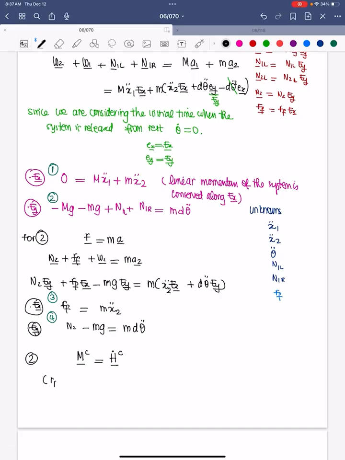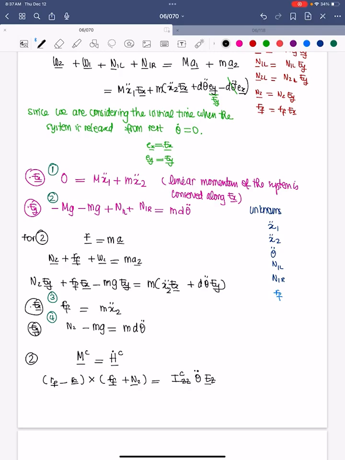So that's RP minus RC crossed with the friction force and the normal force N2 is equal to H dot C, which is IC ZZ theta double dot, or alpha EZ.